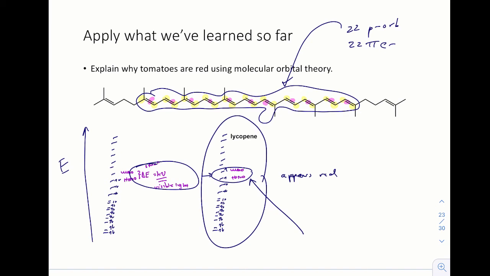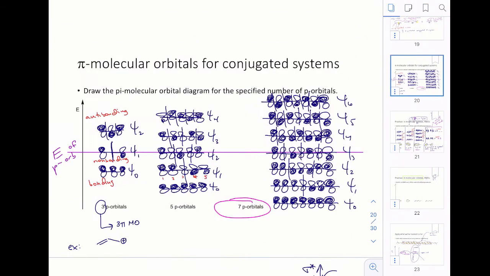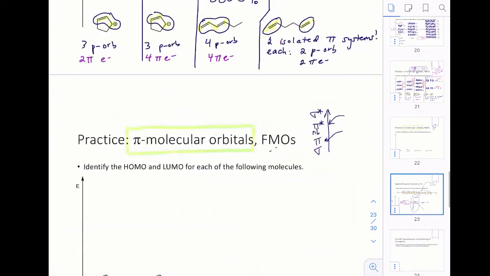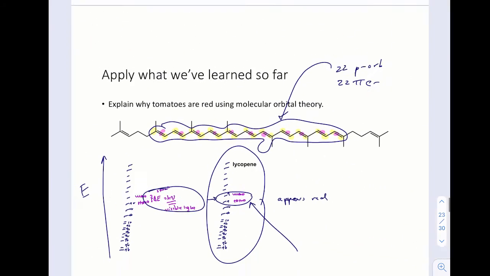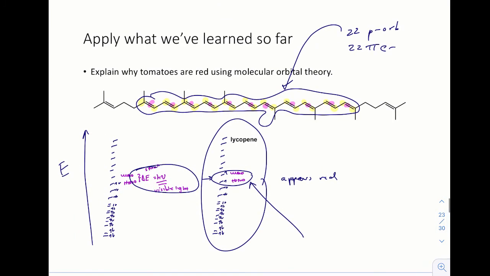They're low energy. Remember the two trends that we saw? The more p orbitals, the lower the energy of the pi molecular orbitals, and the closer together in energy the adjacent orbitals became. These systems of highly conjugated pi bonds, like lycopene, sometimes absorb light in the visible spectrum.